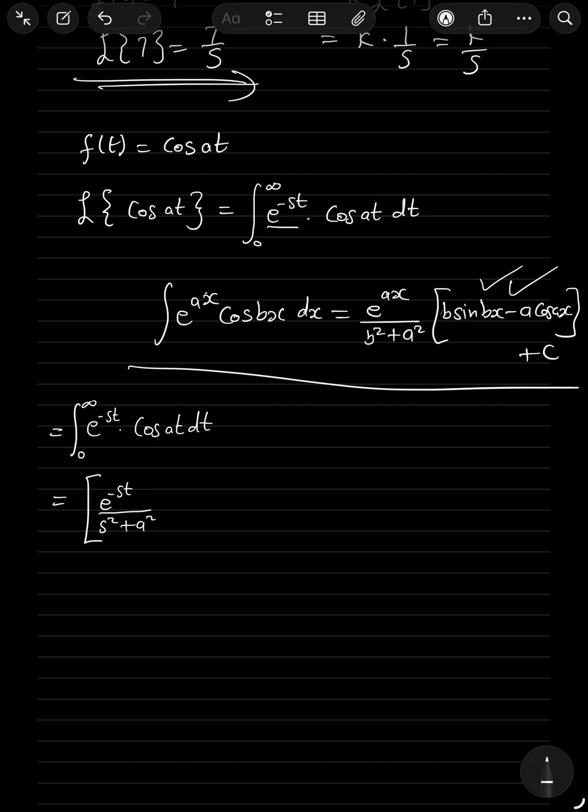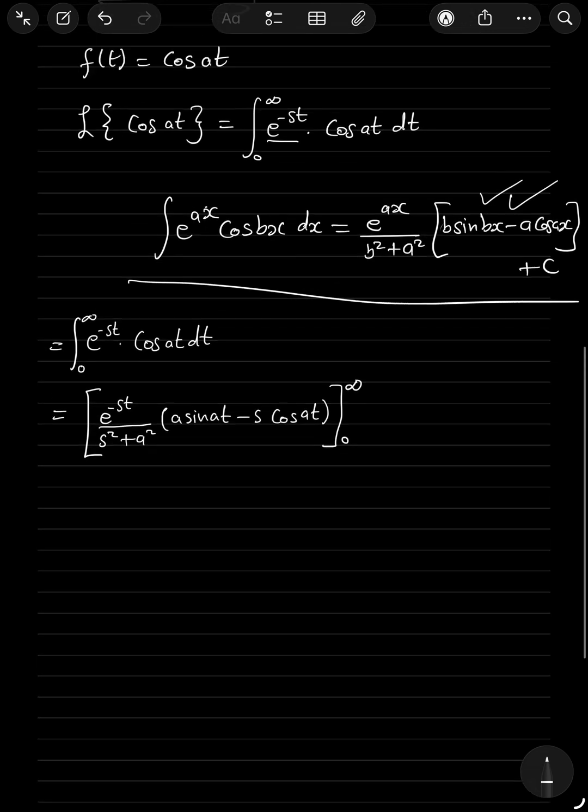So this is going to be a sine at minus s cos at, from 0 to infinity. So that is the integral.